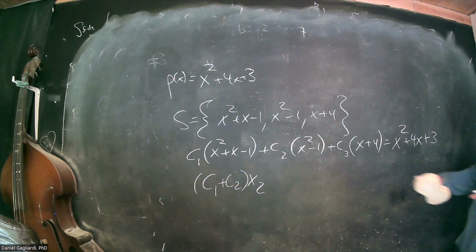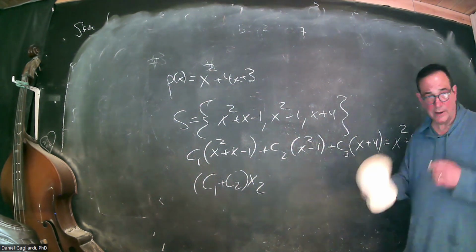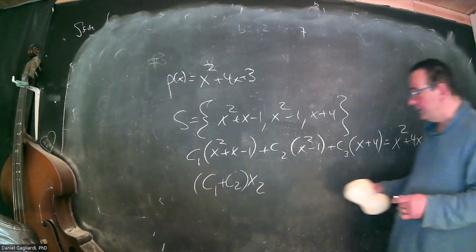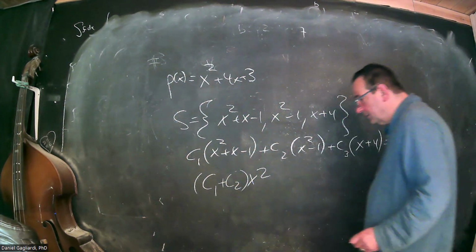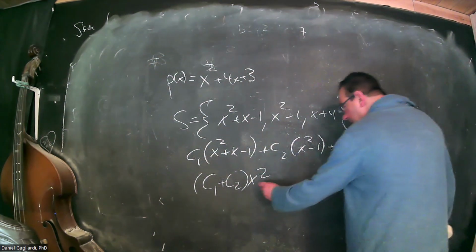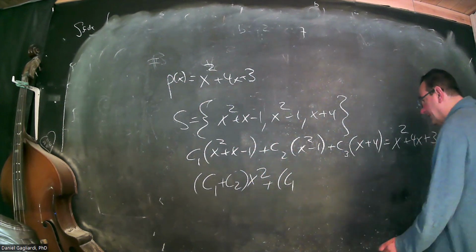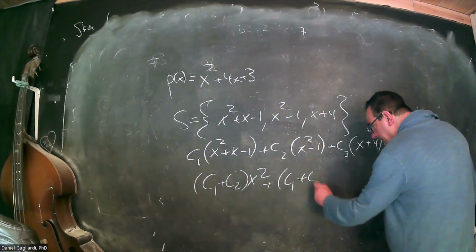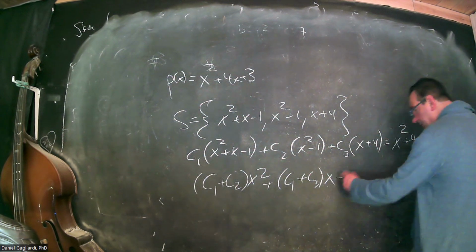I'd like to multiply through, but in a systematic way where I can organize the coefficients of the monomials x squared, x, and 1. So let's see who multiplies x. C1 multiplies x, and C3 multiplies x, right? And now all we have are the constants.